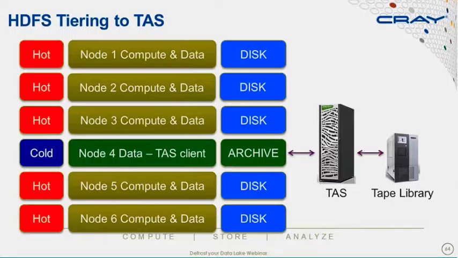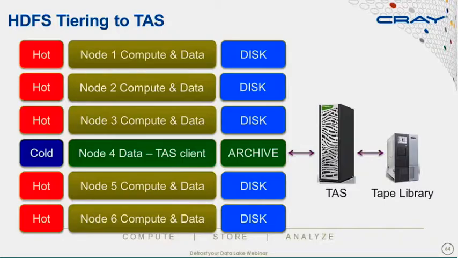So if you have a directory, all you have to do is simply mark that directory as archive, and HDFS will integrate in and just automatically pull things onto the archive as required, or pull things off the archive as required, so that the amount of active space, the amount of active disk that you have to manage in your Hadoop cluster is greatly reduced.